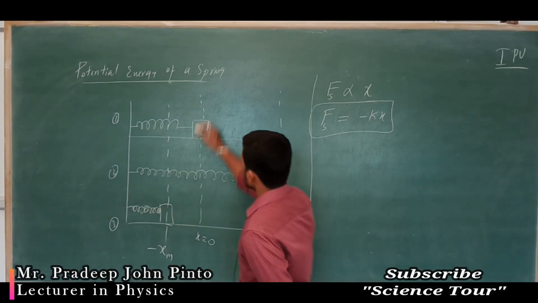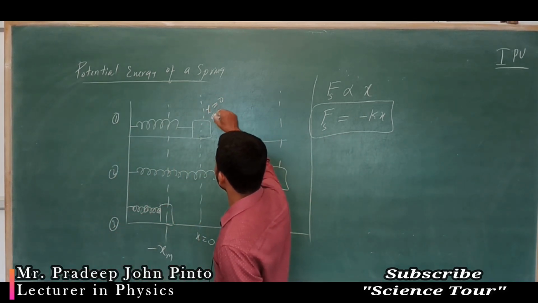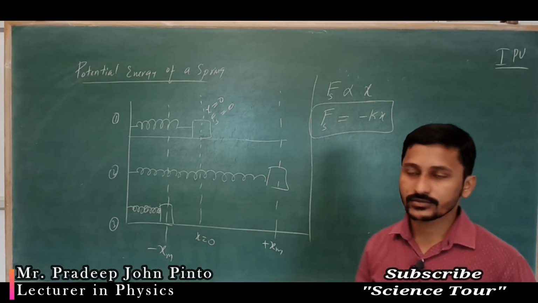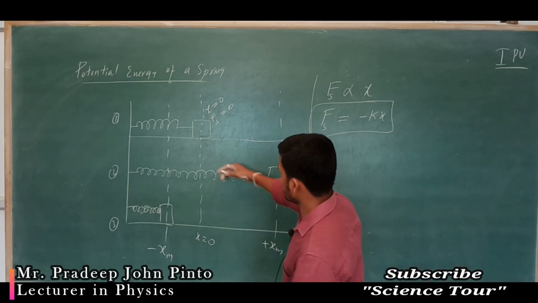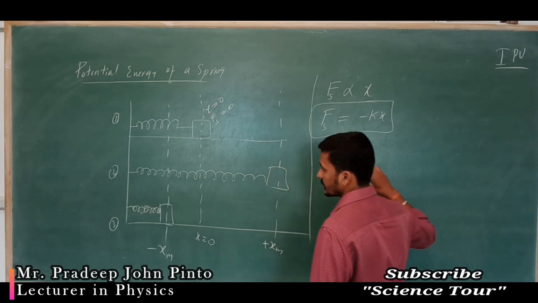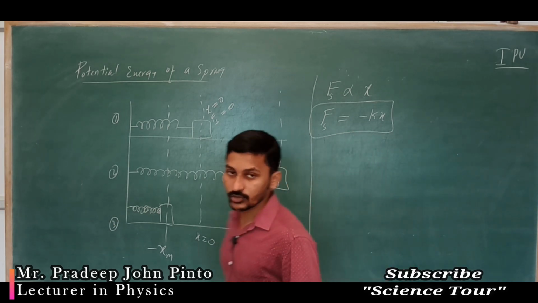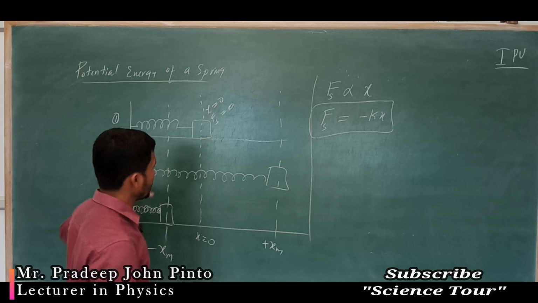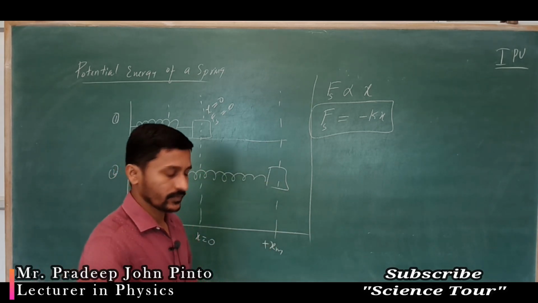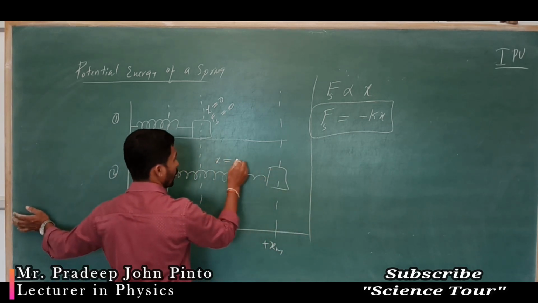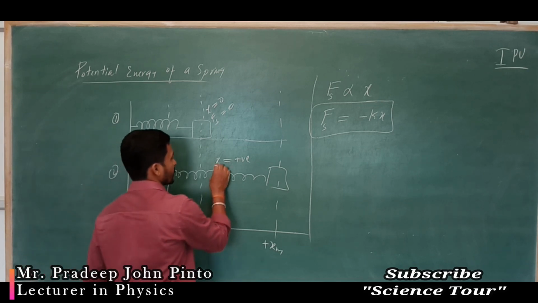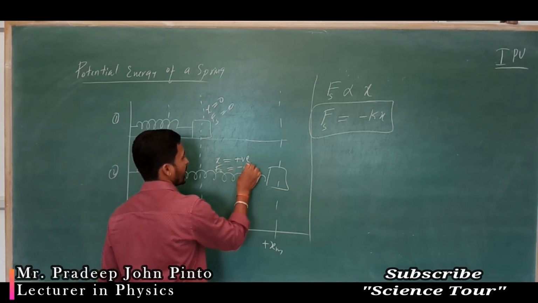Now, at x is equal to 0, the spring force is equal to 0. The force applied by you is positive, and the displacement is positive, so x is positive, but the spring force is negative.